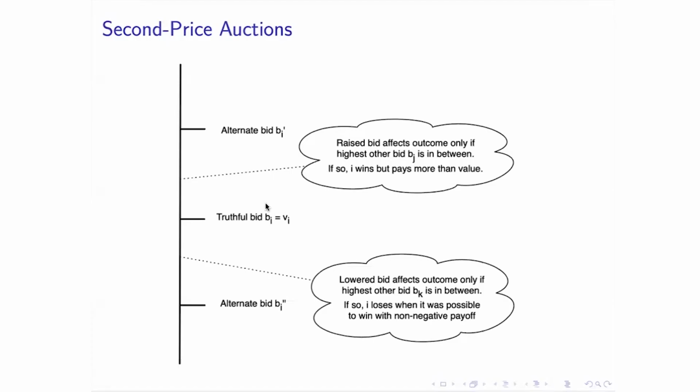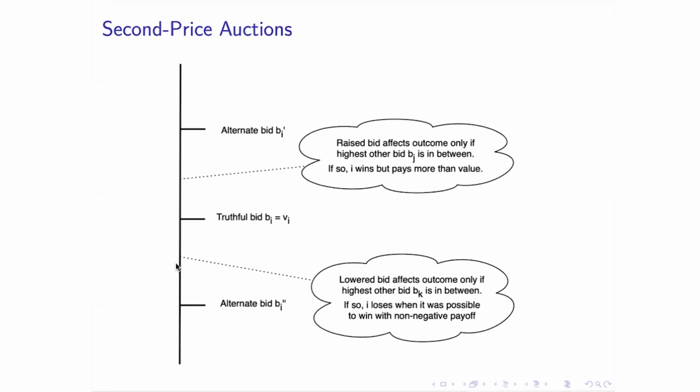Imagine that this was also originally the highest bid, so that the second highest bid was some value lower than this Bi equal to Vi. Now, in this case, if the player bids a higher amount, then nothing changes. The player was earlier also getting the item, the player is still getting the item now, and the player is in fact paying the same price, which was equal to the second highest bid, which was below Vi. So by bidding a bit higher, it did not affect things.